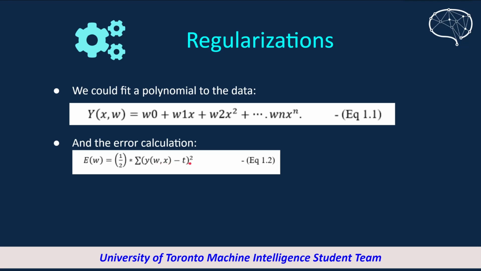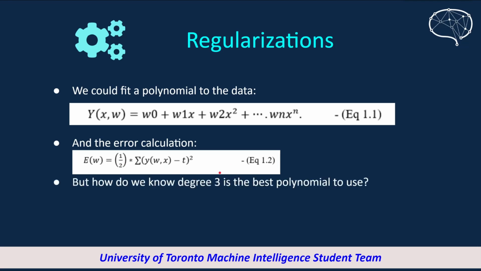You take the difference, then you square it and take the mean. This is essentially the mean squared error when you're calculating the error. So usually you calculate it this way, and your goal of training is to minimize this error, this cost function.